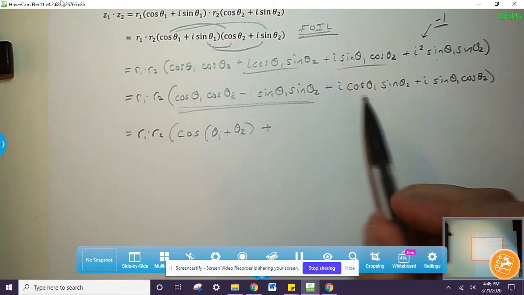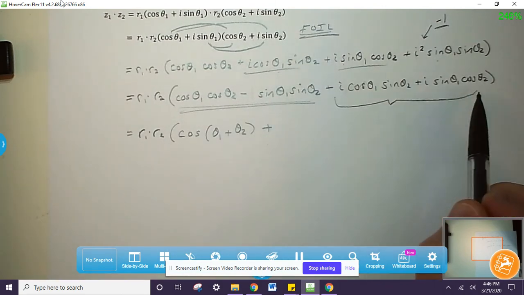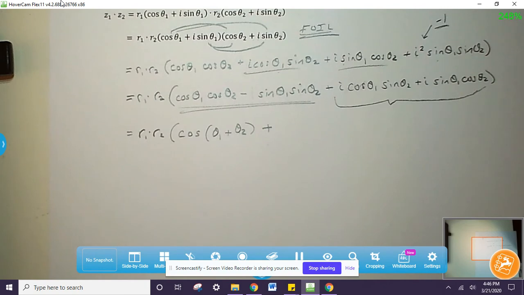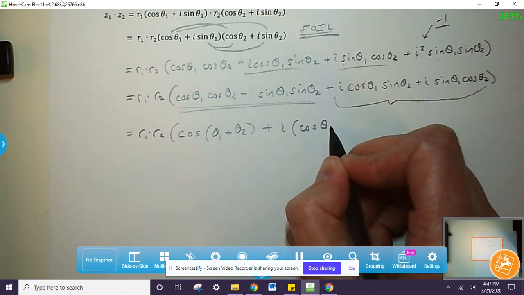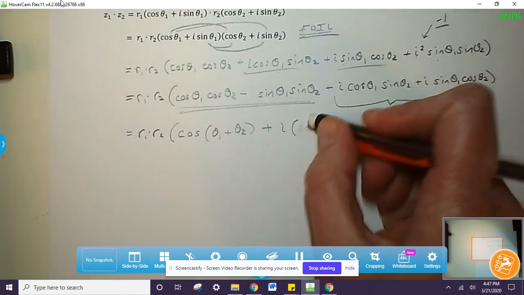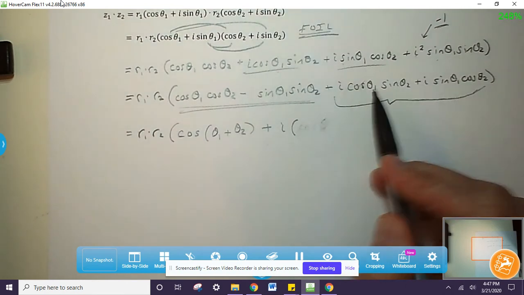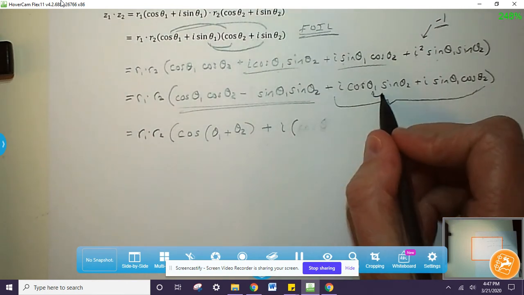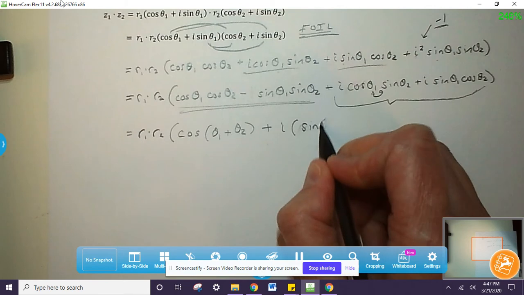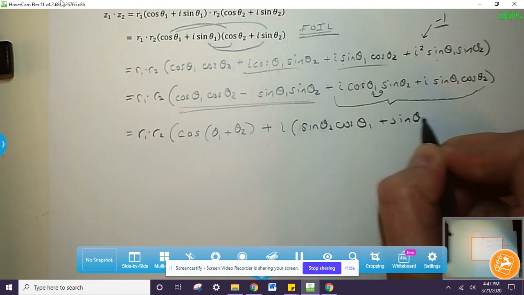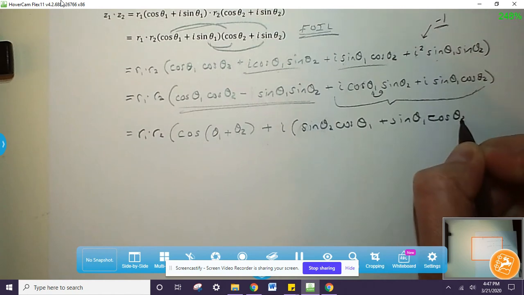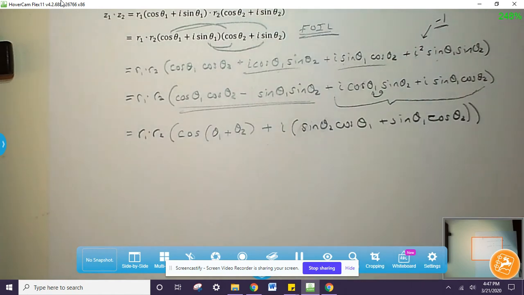Now for these two terms over here, I bet you can figure out a couple things we might want to do. One is to factor out the i. And you know what? I'll give you a hint as we do that. If we factor out the i, and you just kind of rearrange these two right here, it might be easier to see what you're looking at. And what you have there is sine cos plus sine cos.